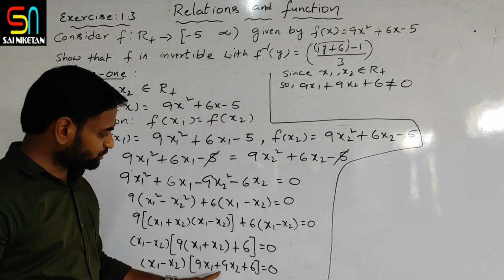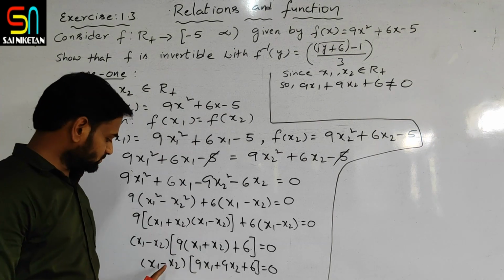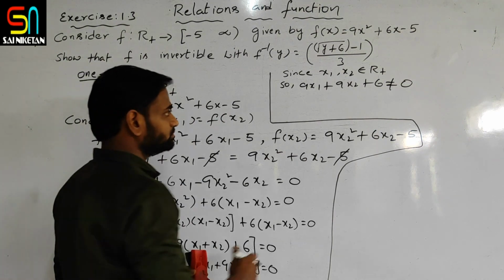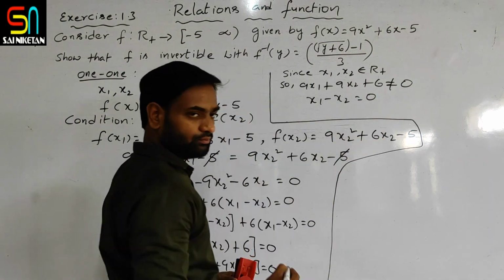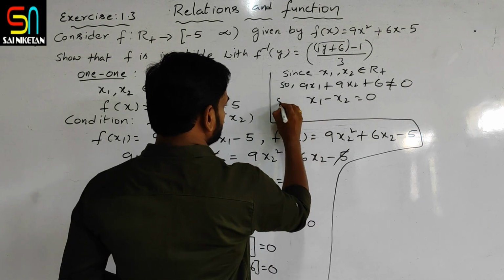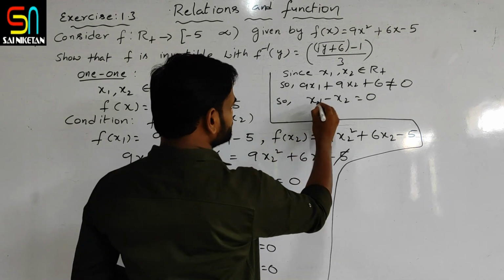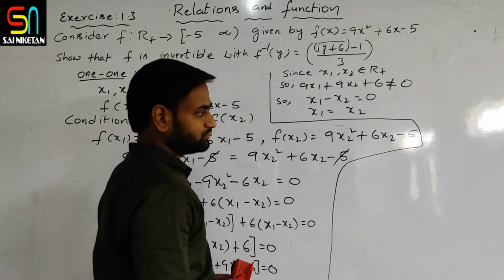So this is not equal to 0. Then which is 0? x1 minus x2 is 0. That is, x1 minus x2 is equal to 0. When x1 minus x2 equal to 0, x1 is equal to x2.